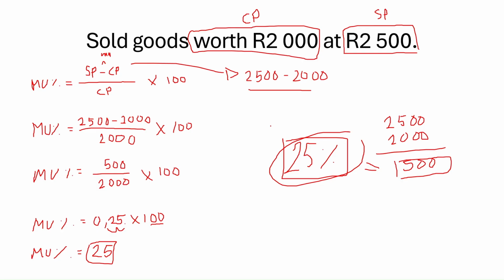So this is basically how we calculated our 3 important formulas, or 3 important things you need to know for financial literacy. Financial literacy is basically accounting, but we just do bookkeeping in EMS nowadays.